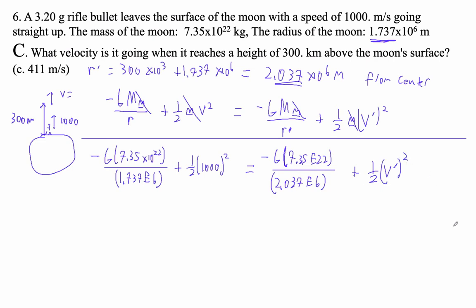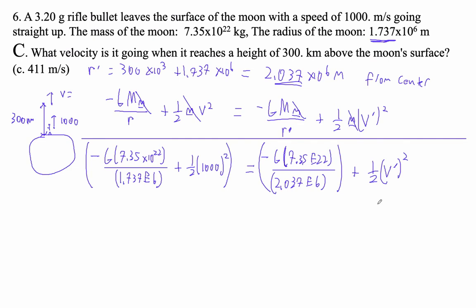Okay, all right, what do we do? I'm going to figure out this whole side here, then add this term to it because it's a negative term, and then I'll get this velocity.